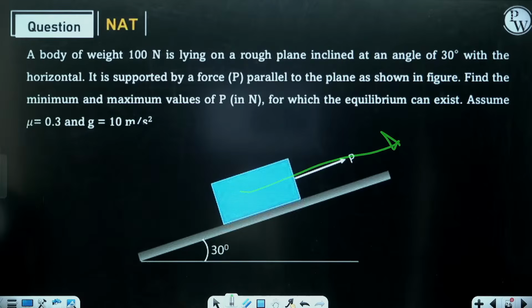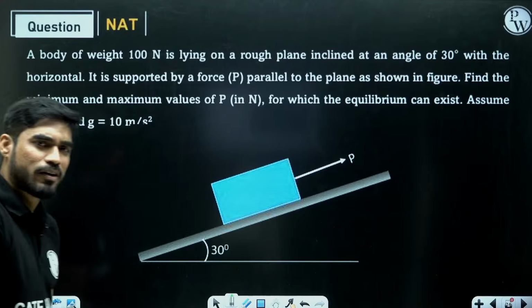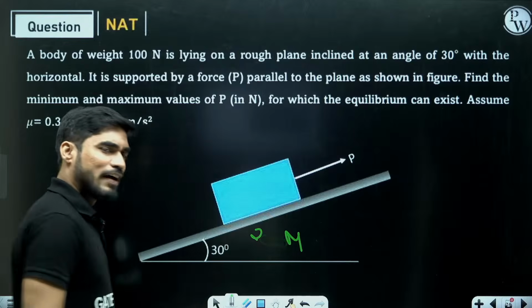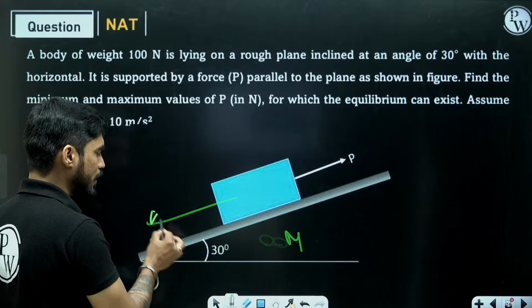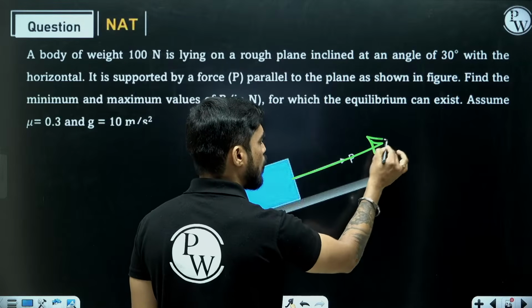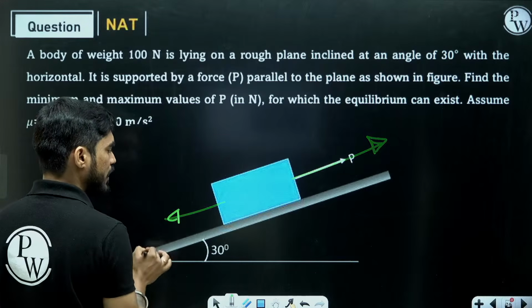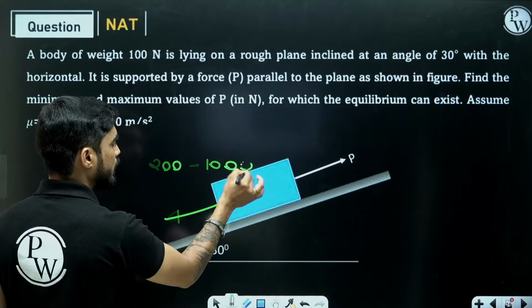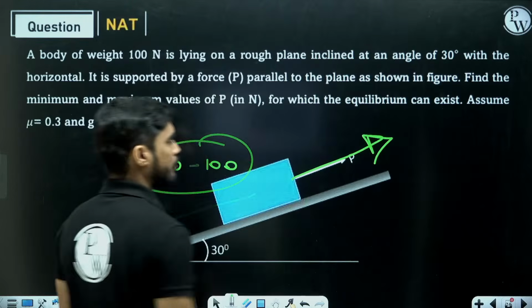And if I apply a force less than a particular value, let's say that value is 200 Newton, it will start moving downward. So if I apply a force more than 1000, it will go upward. And if I apply a force less than 200, it will go downward. But if my force is between 200 and 1000, it will neither move downward nor move upward.